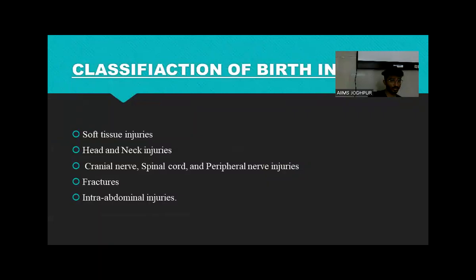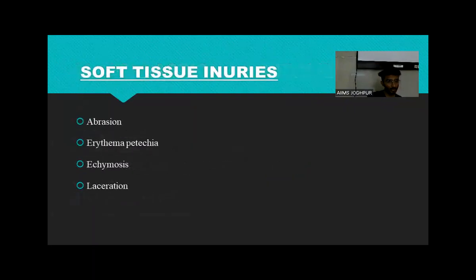Now, classification of birth injuries. It includes soft tissue injuries, head and neck injuries, cranial nerve, spinal cord, and peripheral nerve injuries, fractures, and intra-abdominal injuries. Soft tissue injuries are very common, and include abrasion, erythema, ecchymosis, and lacerations.